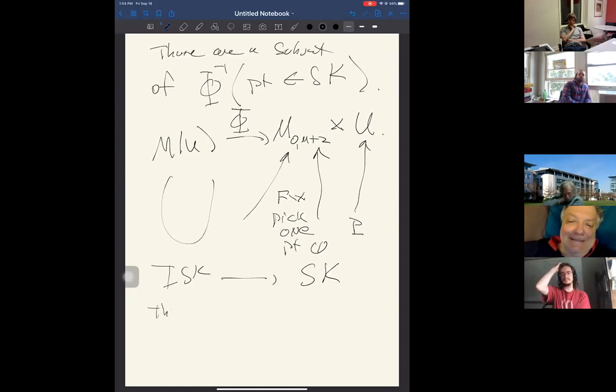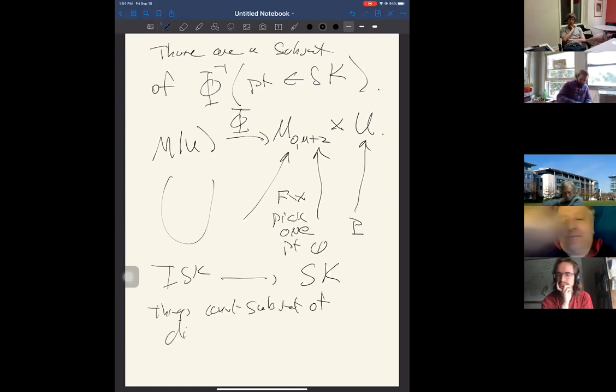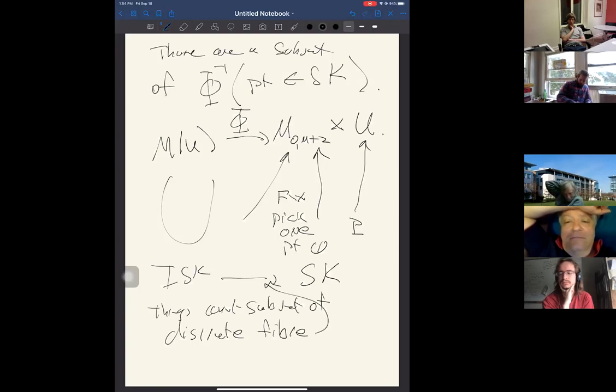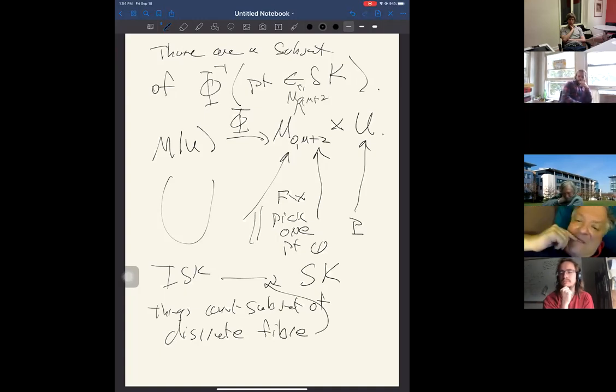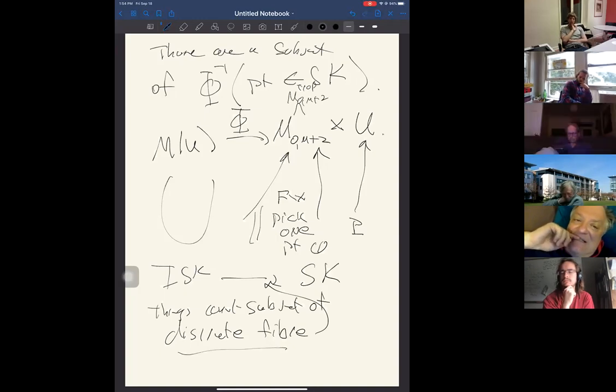The things we count are a subset of this discrete fiber. I make a choice here. What I'm really doing is fixing which analytic curve I take. I'm taking analytic curves inside the skeleton here. I'm saying the domain should be one of these curves. I'm fixing it. So there are things to prove here.